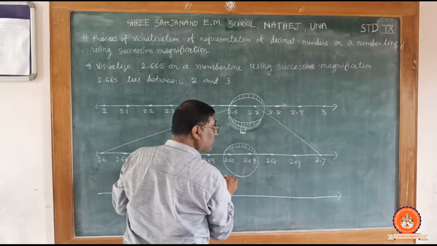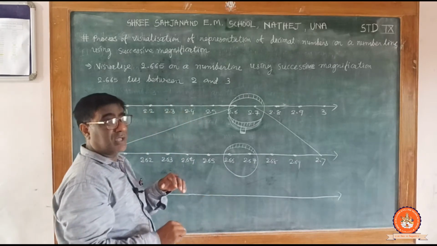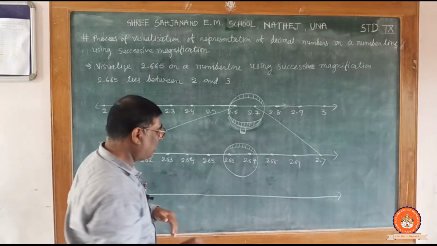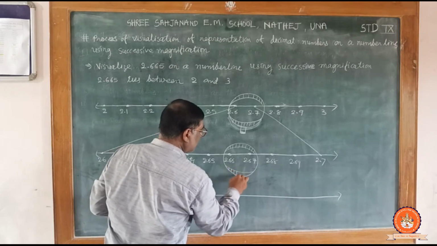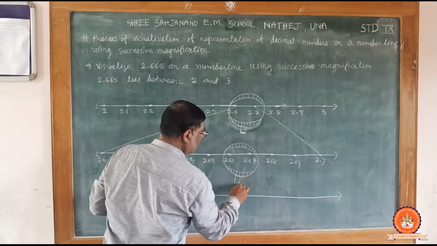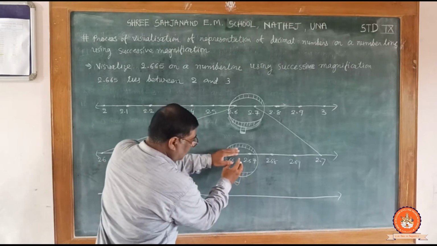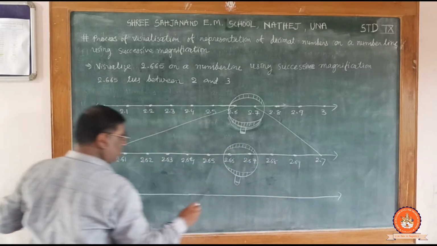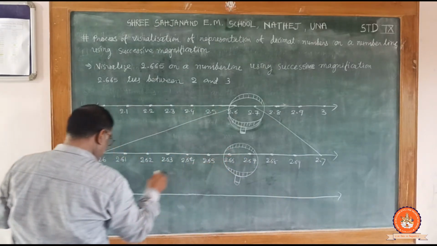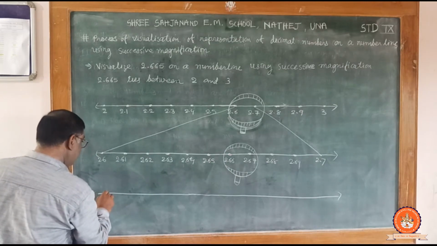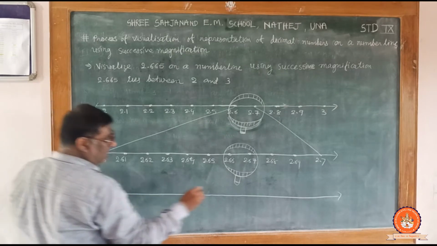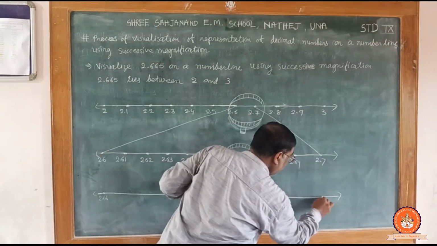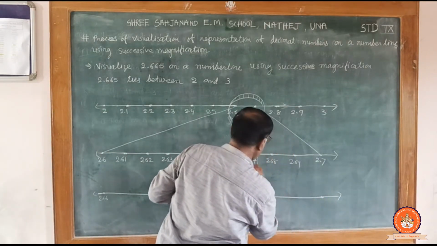We have to zoom it as we used to zoom the Google Earth map. Zoom this portion. So 2.66 will come here, and here there will be 2.67.